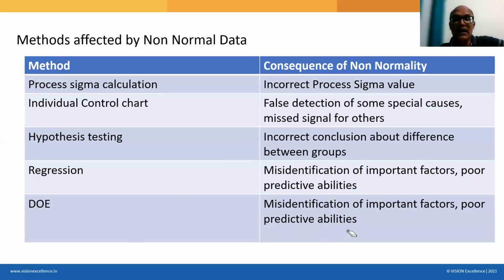Again, if the data is not normal, you will come to a wrong conclusion, with poor predictive ability. These are some of the difficulties one may face if the data is not normal.